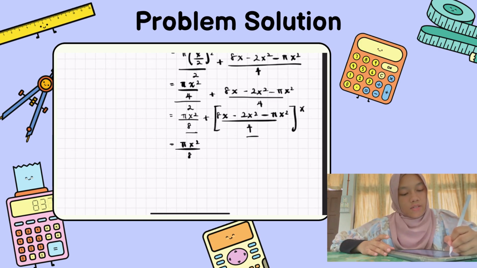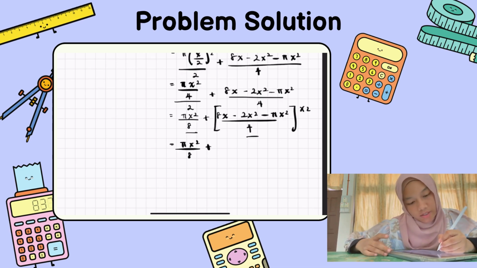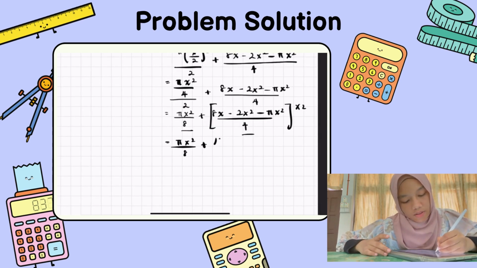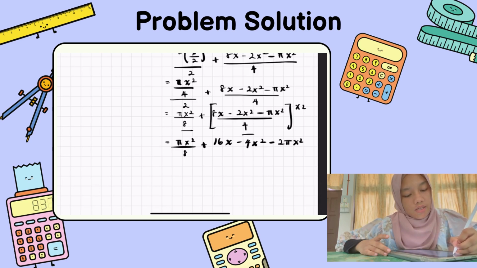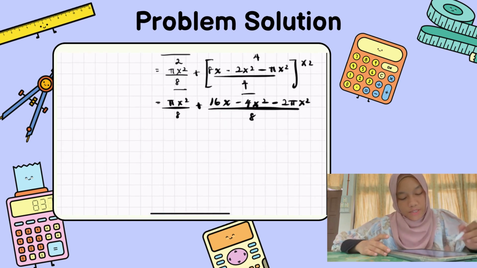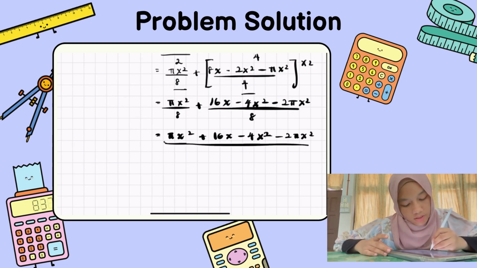This one you just have to multiply by 2 to get the same denominator as here. 8 times 2 equals 16x, and 2 times 2 equals 4x power of 2, and then 2 pi x power of 2 over 8. Here the denominator is the same, so just combine it all.